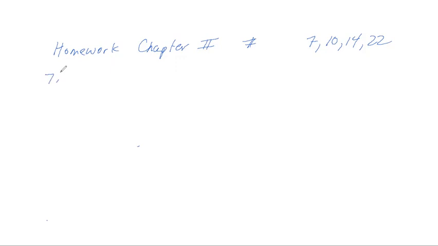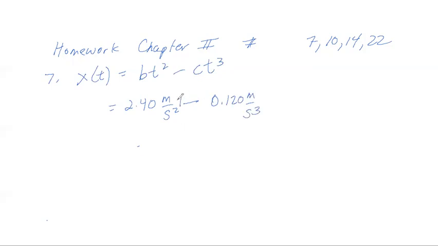It then travels along a straight road such that its distance from the light is given by x of t equals b t squared minus c t cubed, where b is 2.40 meters per second squared and c is 0.120 meters per second cubed.